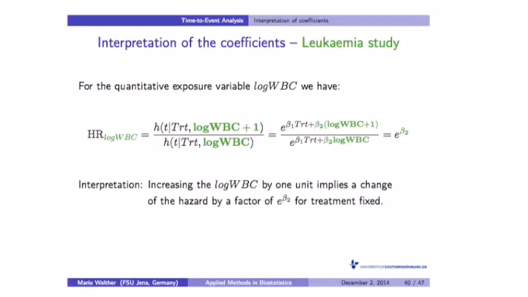As I already mentioned, the hazard rate ratio is the ratio of two hazards, H1 and H tilde 1.